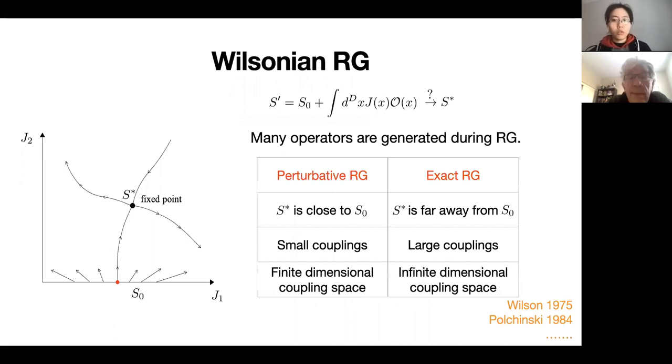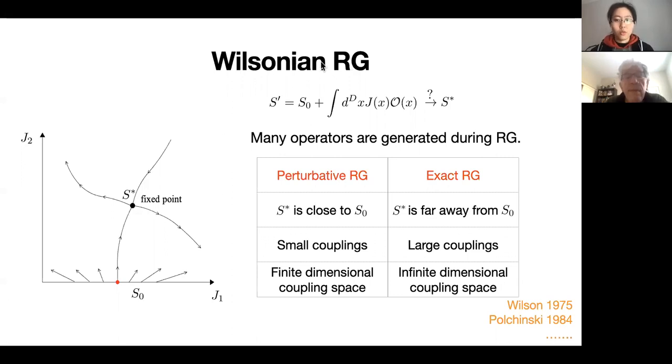Usually, in order to study the RG flow, we use the Wilsonian RG method, starting from a theory corresponding to one point in the coupling space. Then if we turn on a deformation or interaction term, as we lower the energy scale, the system can be described by a completely new theory corresponding to another fixed point, the IR fixed point.